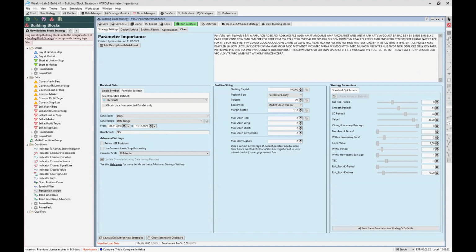Okay, so we have here a fully developed trading system. You can see here the backtesting date range from 2000 to, in fact, till yesterday. We have here position sizing 20%. Let's do here a backtest.